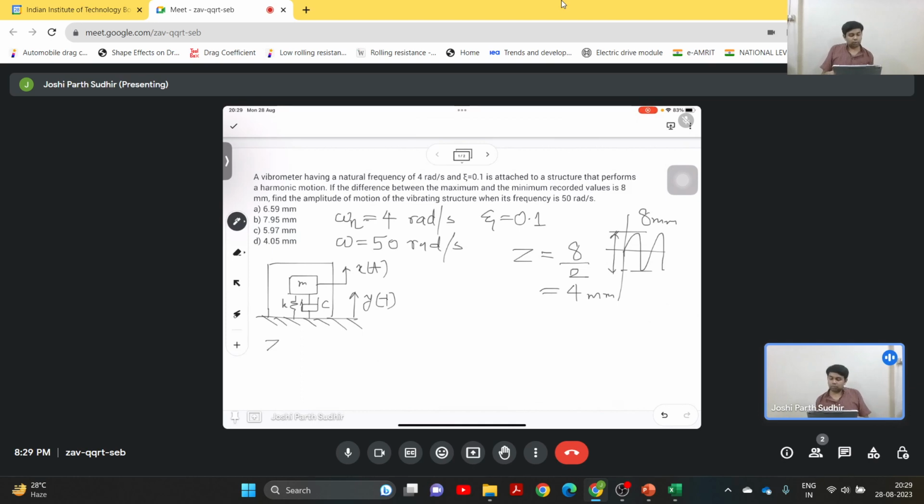So therefore delta y is r square upon square root of 1 minus r square the whole square plus 2 zeta r whole square.